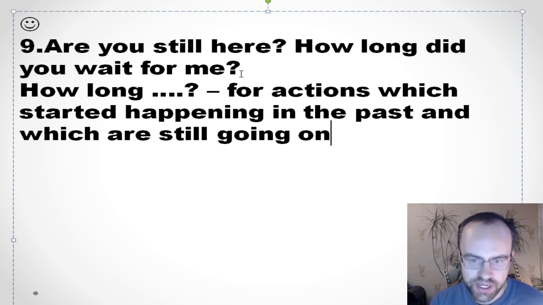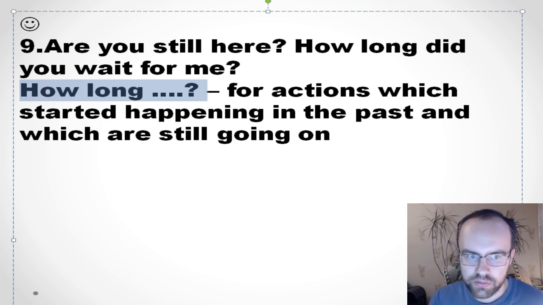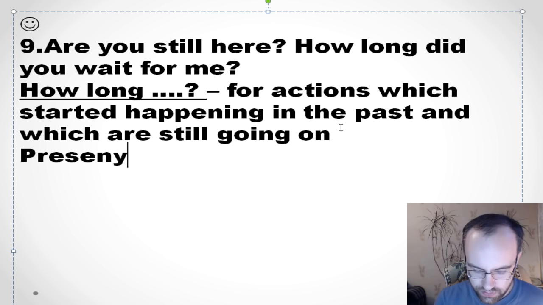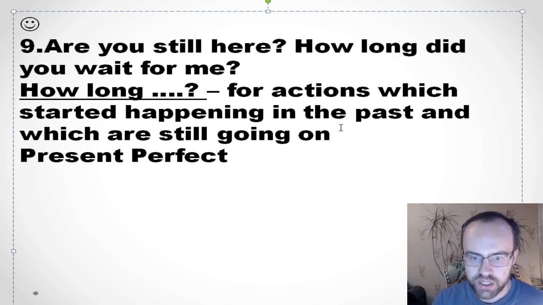Going on means which are still happening. Is this explanation familiar to you? I think you know this explanation. So you need to use present perfect continuous.